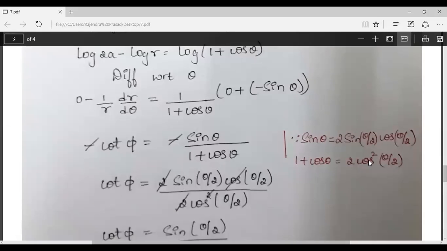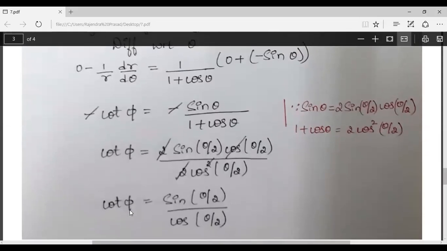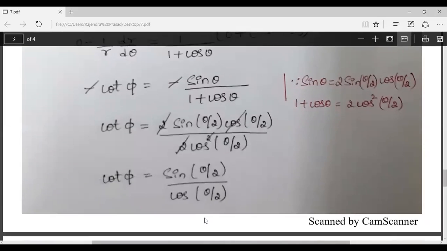1 plus cos theta is equal to 2 cos square theta by 2. So the denominator is 2 cos square theta by 2. Numerator 2 and denominator 2 get cancelled. Numerator cos theta by 2 and one cos theta by 2 in the denominator get cancelled. So we get cot phi is equal to sin theta by 2 upon cos theta by 2.